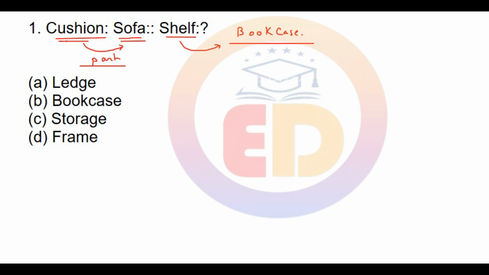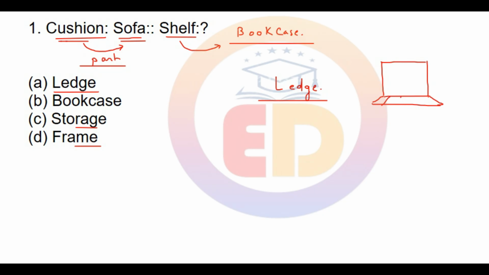Here, storage cannot be the answer, frame cannot be the answer. You know what is storage, what is frame. Here one word, ledge, can be confusing. Now ledge means it is the exterior part of a window or a balcony. Remember, every window has this kind of extra part which is outside the window.